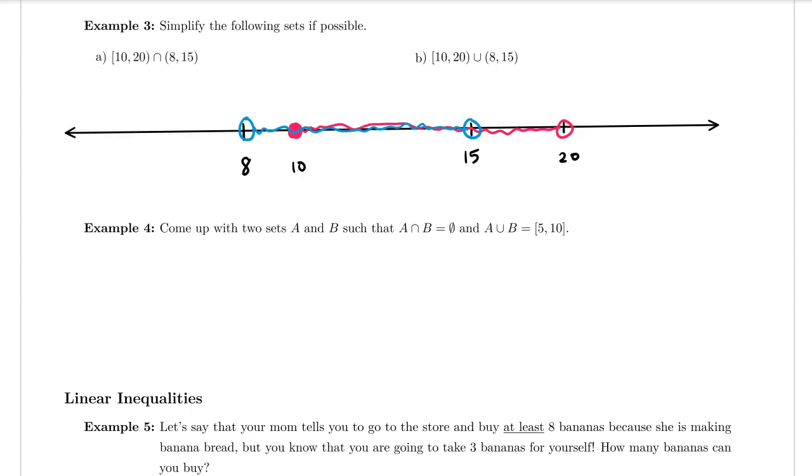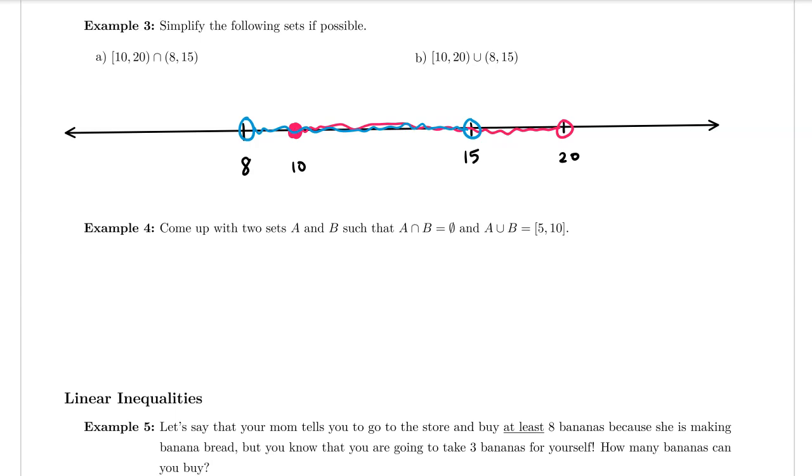Okay, so on my number line I've drawn my two intervals. The first interval I've drawn in pink and the second one in blue. Remember, the intersection is where these two intervals or sets overlap. Another way of thinking about that is, where do they have dual color? What numbers have both pink and blue on them?